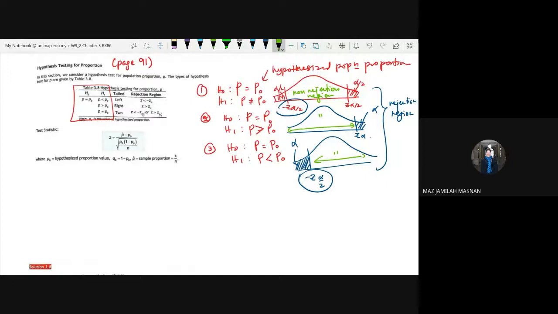So what will be the one that differs other than that? The test statistic. The way you calculate the test statistic is based on this: your sample proportion and your hypothesized value.